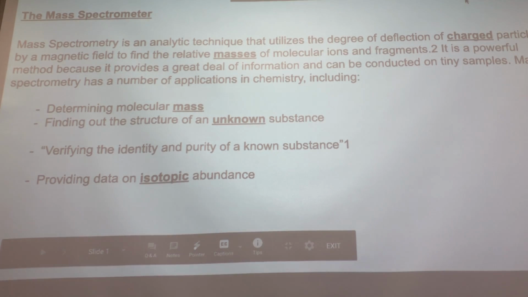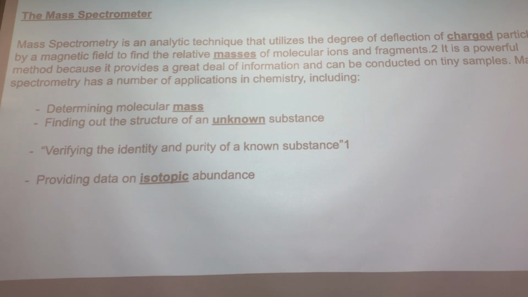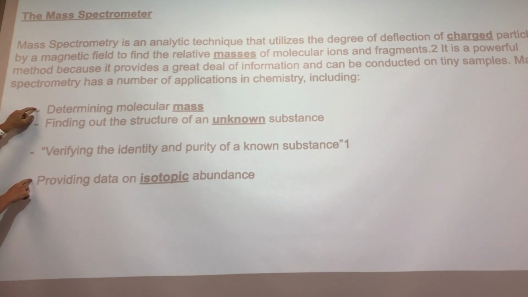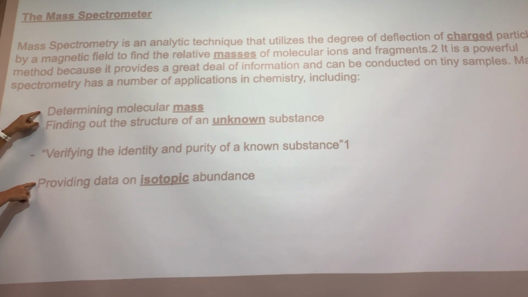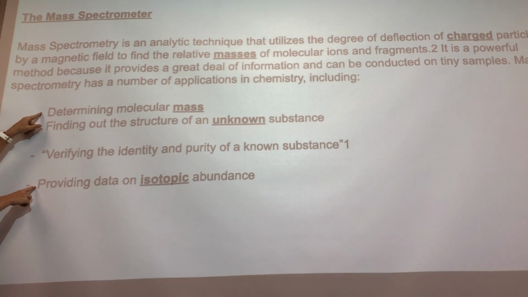Mass spectrometry is an analytical technique that utilizes the degree of deflection of charged particles by a magnetic field to find the relative masses. So once again, the main objective here is this idea of differing masses. In our list of four things a mass spec can do, if you want to put stars next to these two, that's how we're going to be analyzing our graphs.